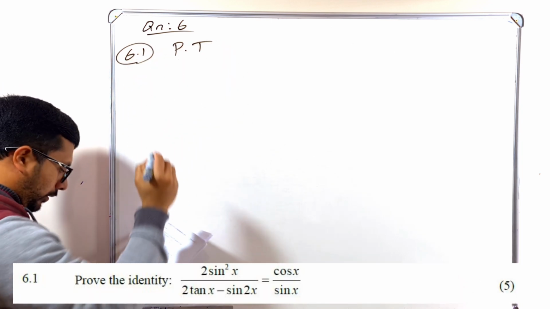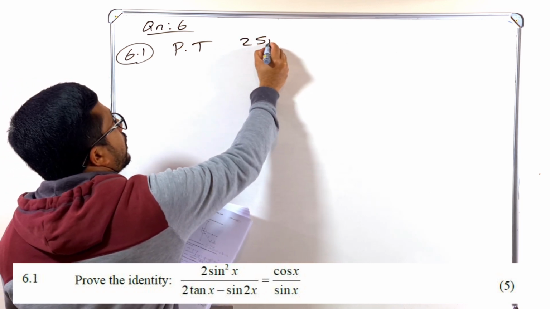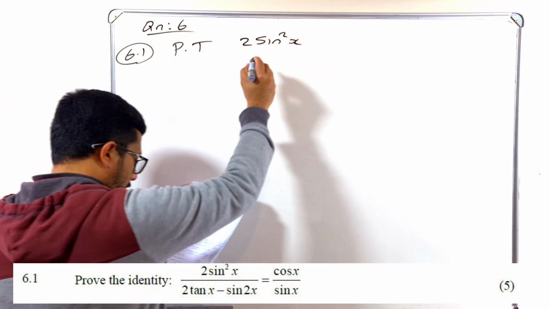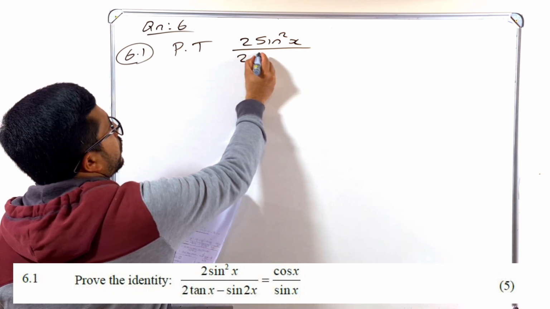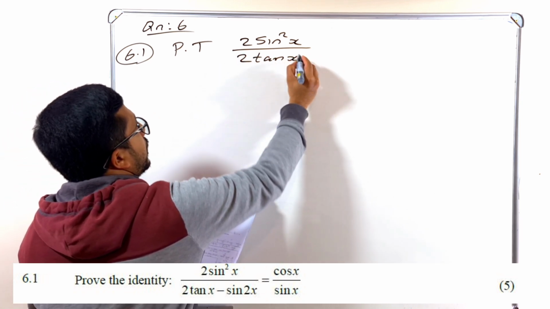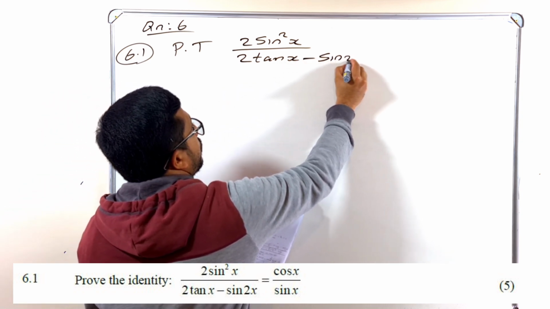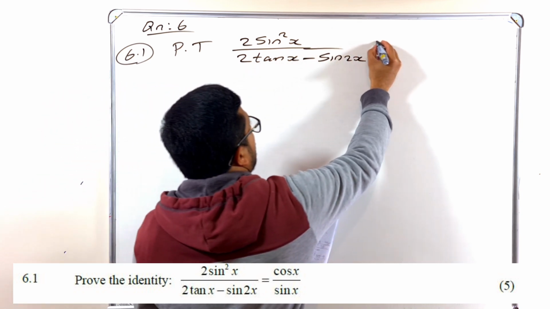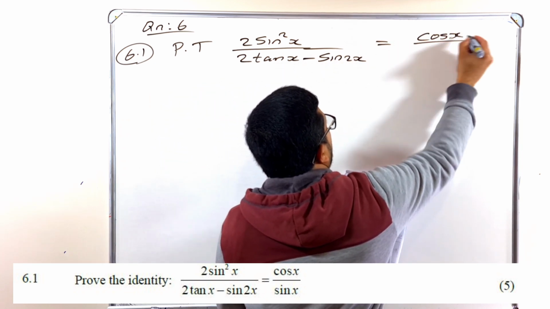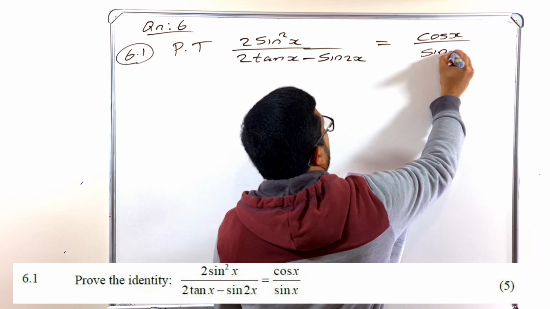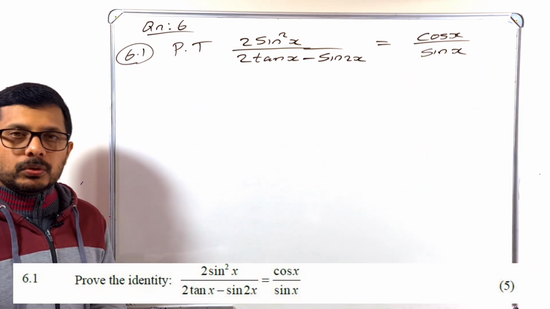Prove that 2 sine square x divided by 2 tan x minus sine 2x is equal to cos x divided by sine x. You have to prove that left side is equal to right side.